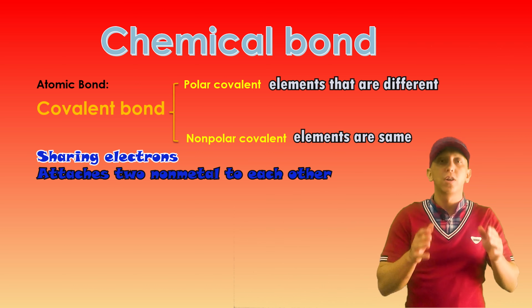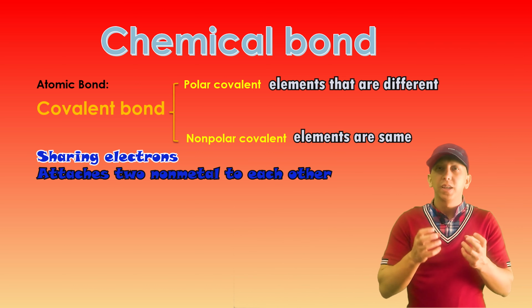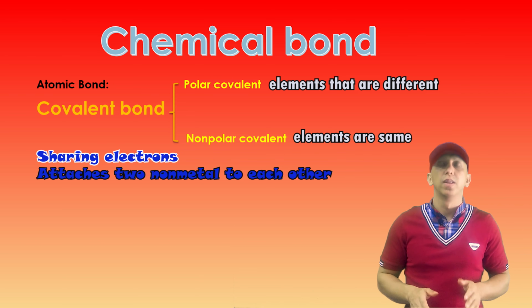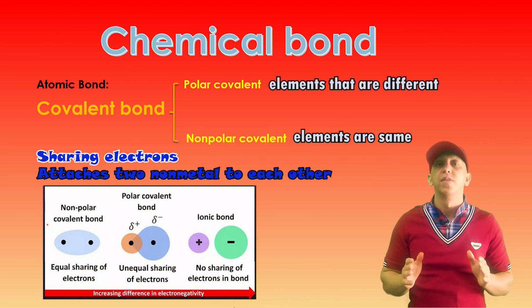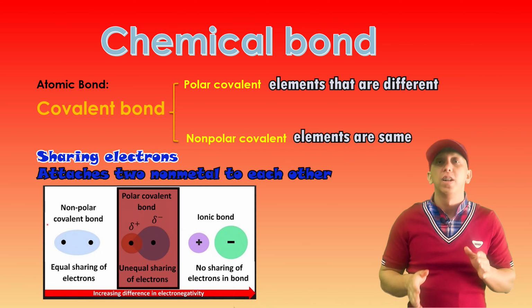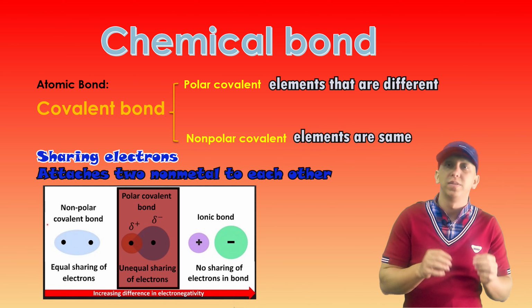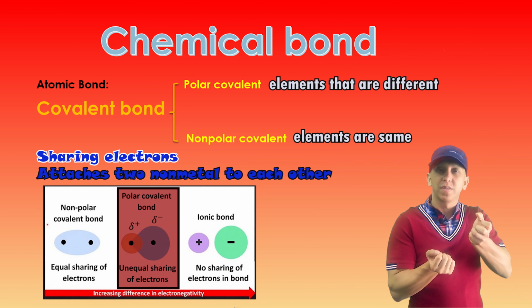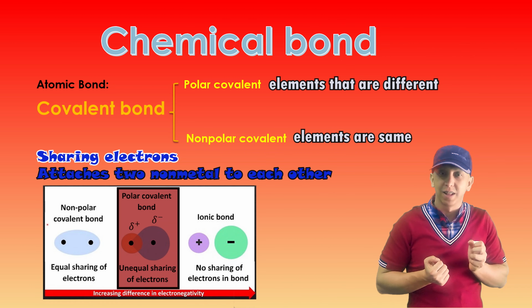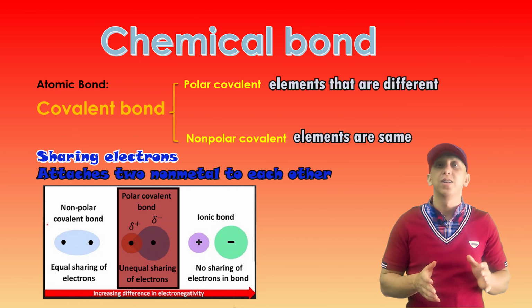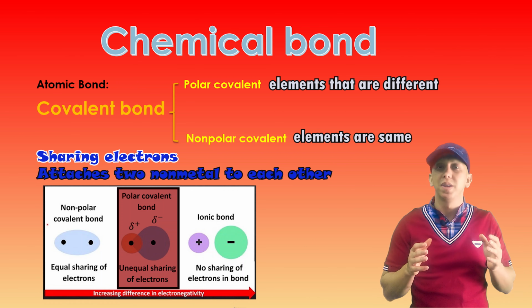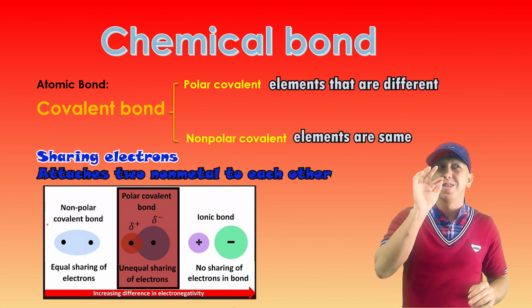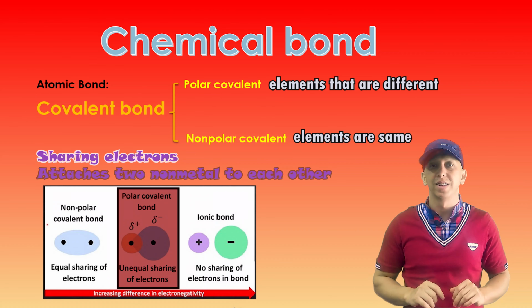But for the polar covalent, the distribution of electron between the two elements is unequal. For example, imagine OH. As we know, hydrogen has a lower electronegativity compared with oxygen. So oxygen will take most of the electron toward itself, and the cloud of electron around the oxygen is bigger than hydrogen.